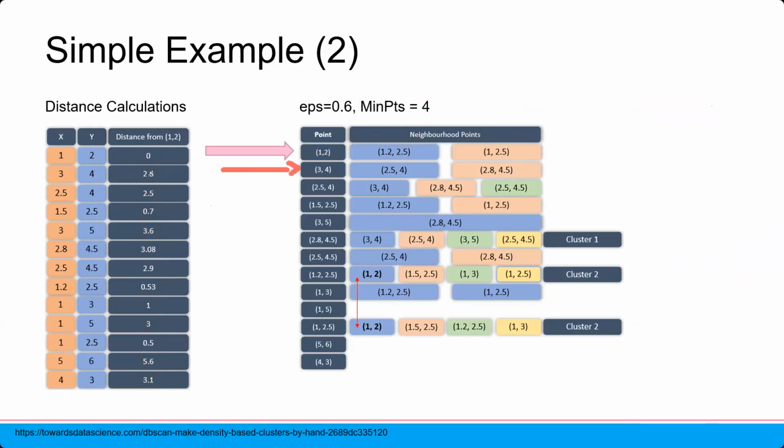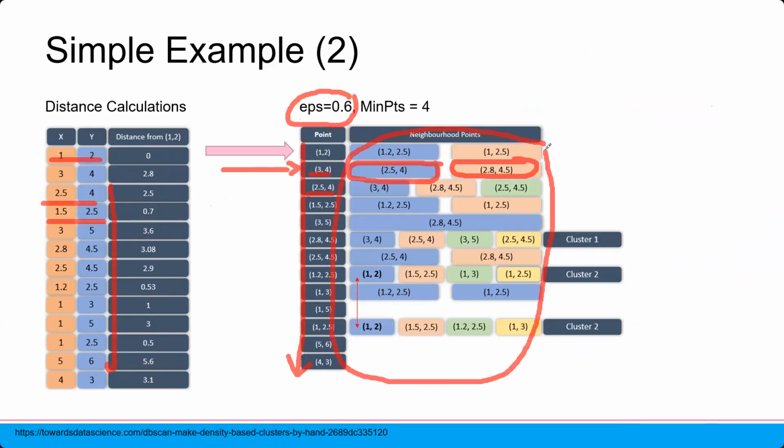We do the distance from 3,4 to 1,2, from 3,4 to 2.5,4, from 3,4 to 1.5,2.5, and so on. After that, we calculate again and check with the EPS 0.6, and we get the neighborhood points. So we do scanning for all points.